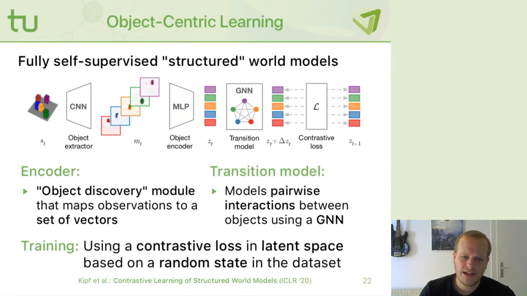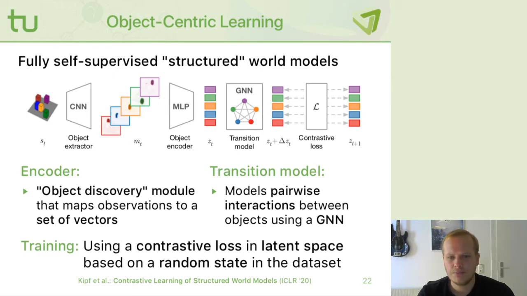Okay, so the basic architecture for training structured world models looks as follows. We have an observation at time step t, and we begin by extracting objects using an encoder module. And this object extractor is typically modeled as a convolutional neural network, which outputs a feature map for each object found in the observation.